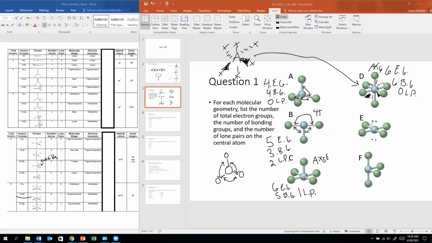So E is most likely Ax4E2, which looks like this picture. So electron groups, 6 as well. 6 electron groups, 4 of those being from bonds, 2 of those being from lone pairs. So this is Ax4E2.